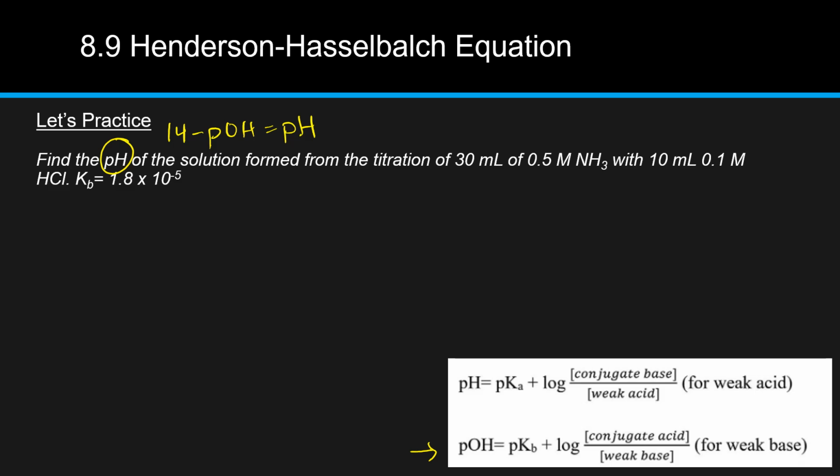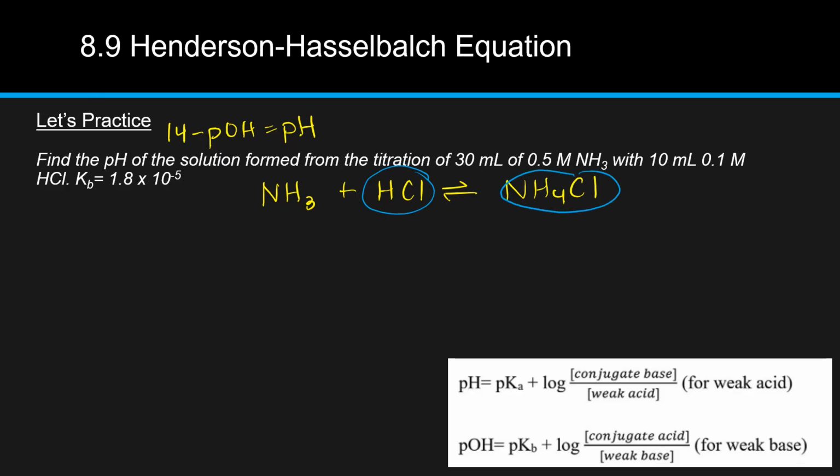All right, so let's first start with our equation. We have NH3 reacting with HCl, and that is going to form a salt, NH4Cl. So let's break that apart into a complete ionic equation. We know HCl is going to break apart because it's a strong acid and it completely dissociates, and NH4Cl is going to break apart because it is a soluble salt.